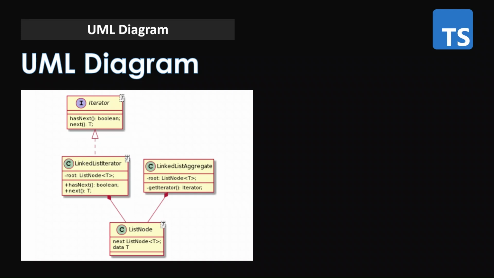List node in the diagram is the underlying data structure that you want to traverse. Once you have defined these, you want an aggregate object that the client will use to retrieve the iterator for this collection. Here the linked list aggregate is the object the client will use to access the collection iterator.